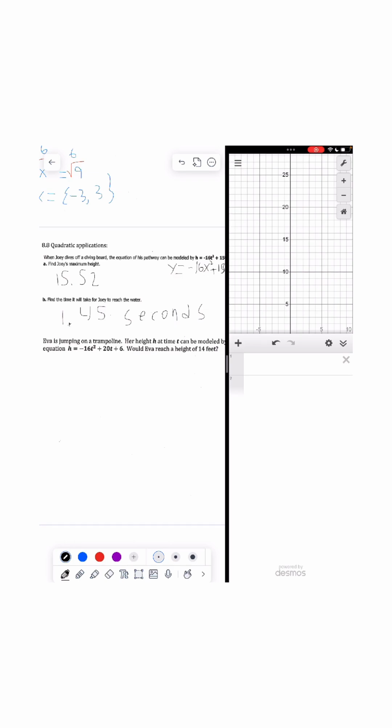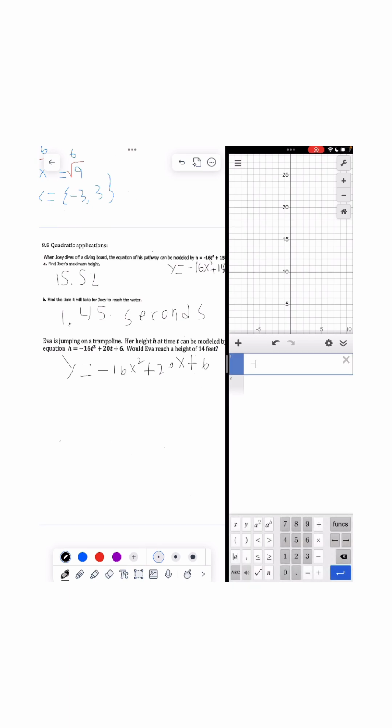So I'm going to go ahead and change this equation to y equals negative 16x to the second power plus 20x plus 6. Plug that equation onto Desmos for us, see what the max height is. If it does reach that 14 feet, then we can say Eva was able to reach that.